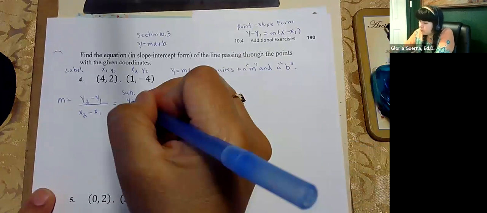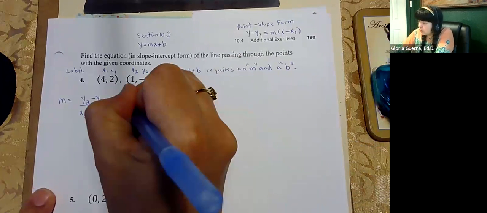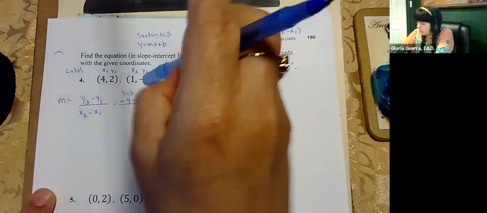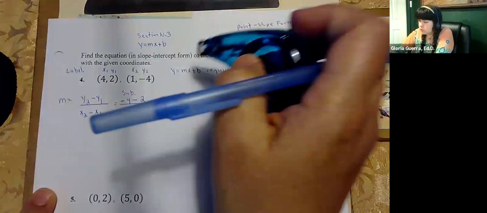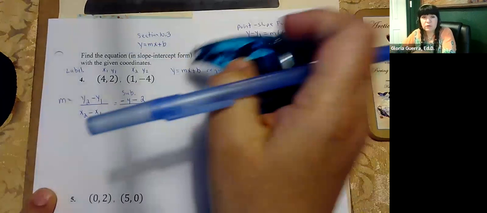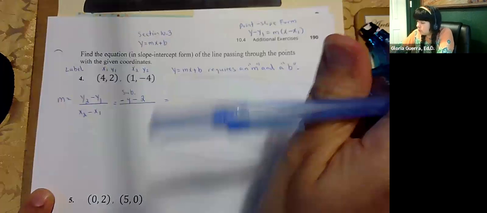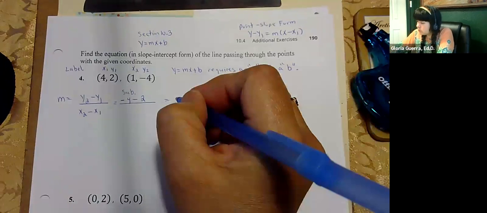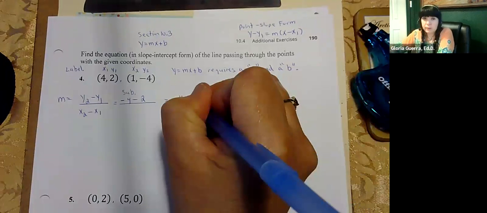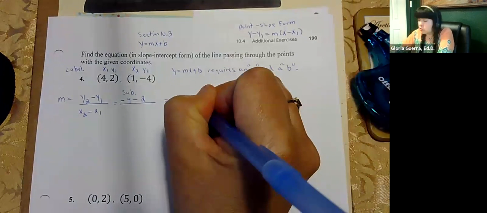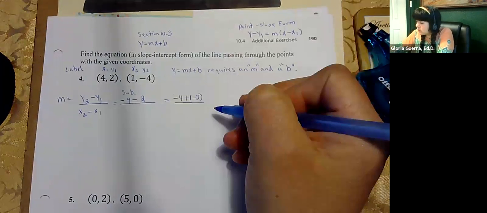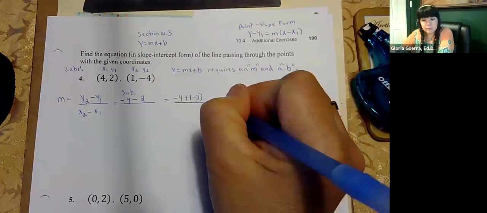Y2 is actually -4, take away y1, which is 2. So it's -4 take away 2, which is -4 plus -2, which is -6. Okay, so that's -6.